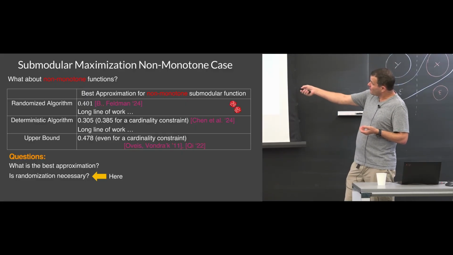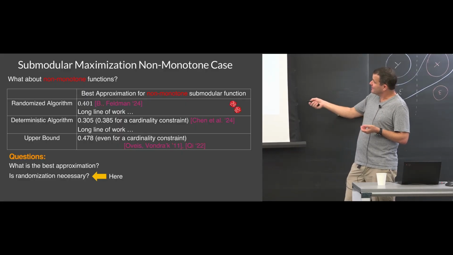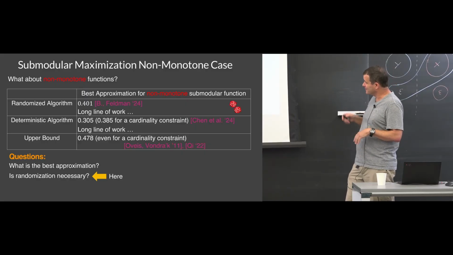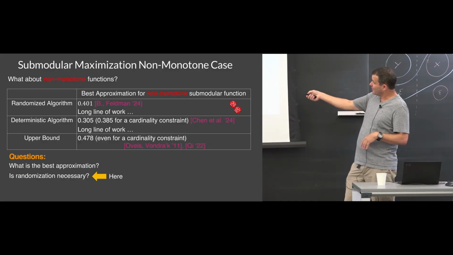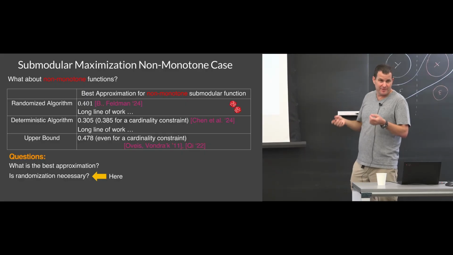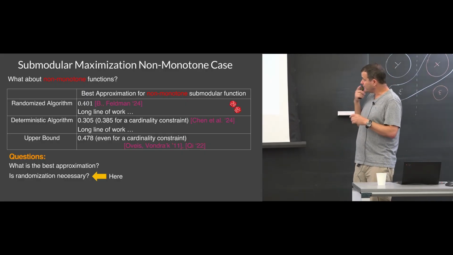After a long sequence of work, our algorithm is the best. It's 0.401, slightly above 40%. And it is known for a long time that you cannot get above 0.478, even for a cardinality constraint, even if you just need to select k elements.